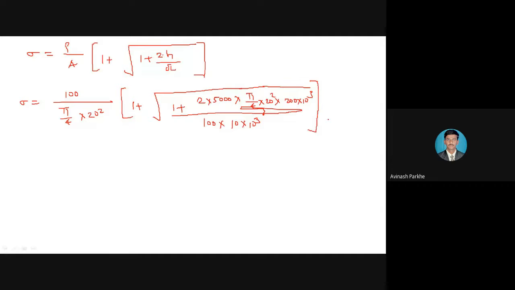Because we have the formula delta L is equal to PL upon AE, 1 upon delta L is equal to AE upon PL.